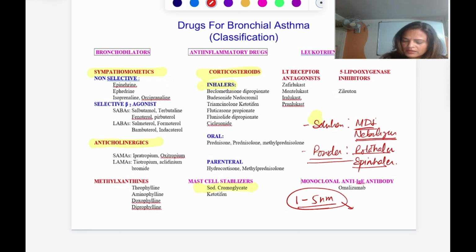The smaller ones will come out, and the larger ones get deposited onto the oropharynx and lead to side effects, like with corticosteroids, oral candidiasis, dysphonia, and throat irritation. With rotahalers, throat irritation is very common. It can also cause bronchoconstriction. Okay, so this is about the drugs which we can give in inhalational form.